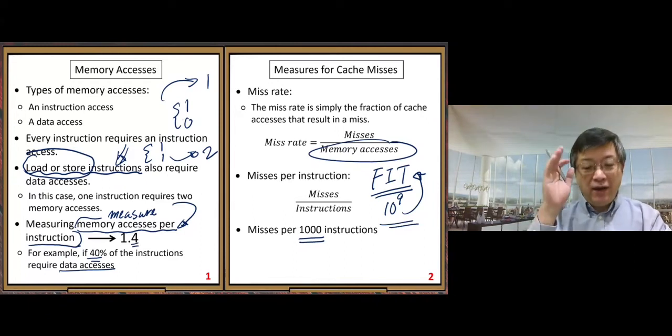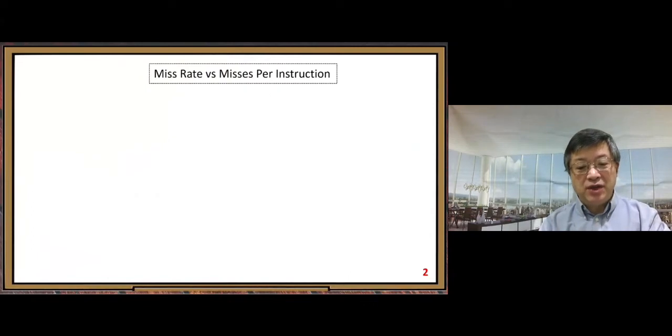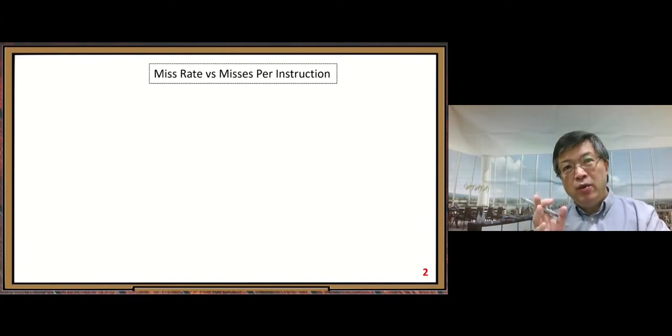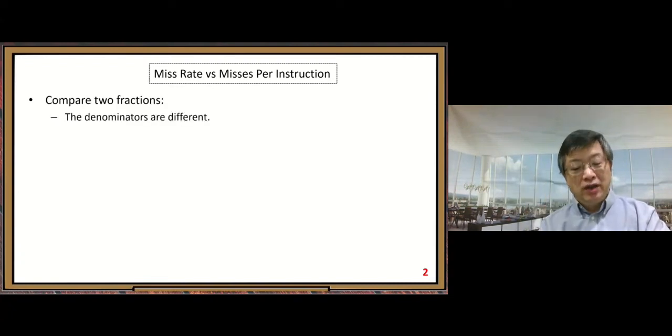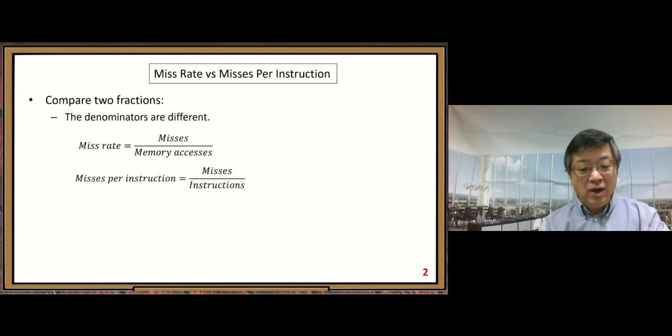Next, we want to compare these two concepts, miss rate versus misses per instruction. What's the main difference? We saw the difference in the numerator part, but now we want to compare with some more details. Compare these two fractions. Mainly, the denominators are different. The first one is miss rate, the second one is misses per instruction.